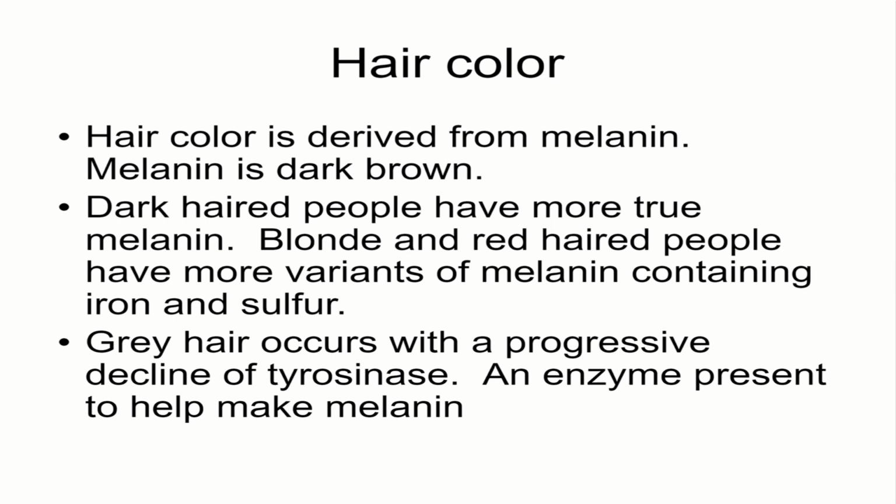And with red hair, a component of iron has been added to the melanin so that it actually oxidizes and produces that red coloration that we are so familiar with seeing.